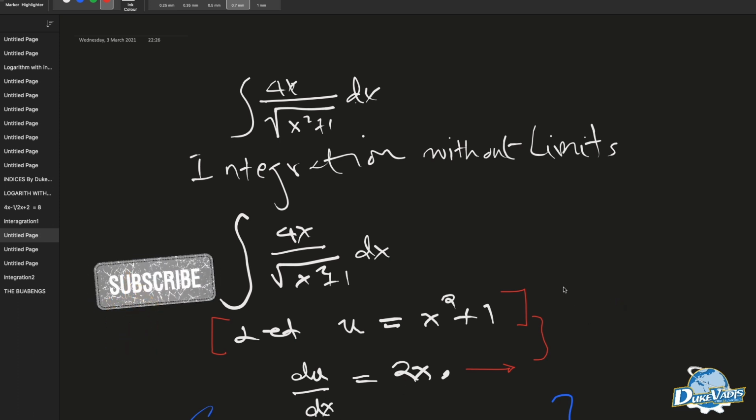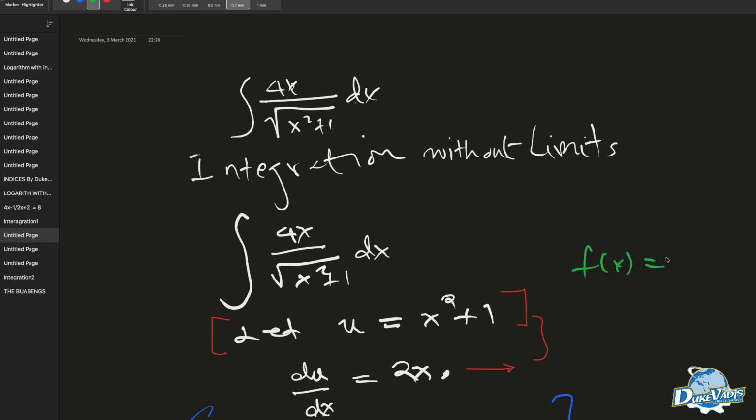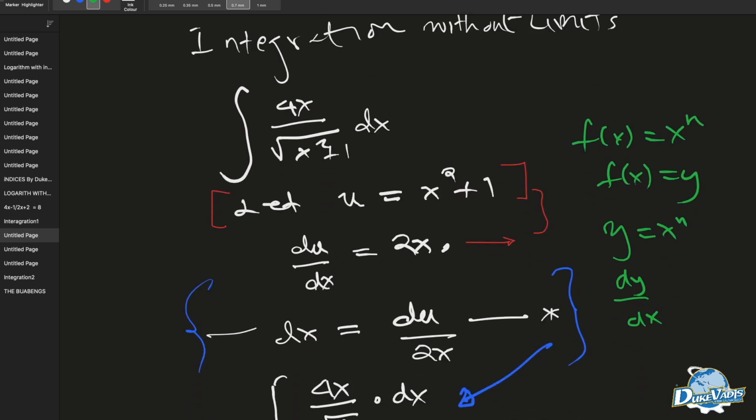Don't forget that if I have a function f of x equal to x^n, we normally let the function f of x be equal to y. So y is equal to x^n, and dy/dx is always given as n x^(n-1). Don't forget that.